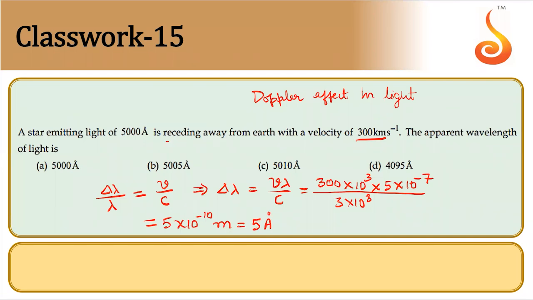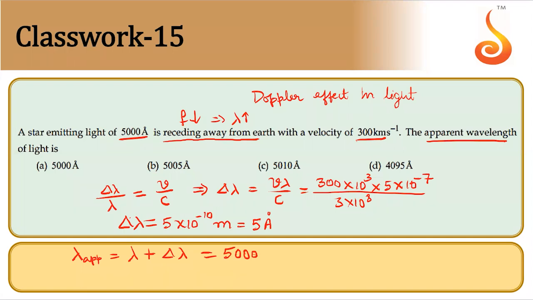See, it is receding away. When it is receding away, frequency should decrease, which implies wavelength should increase. So apparent wavelength should be equal to original lambda plus delta lambda. We got delta lambda as 5 angstrom, lambda is 5000, so it should be 5000 plus 5, that is 5005 angstrom.